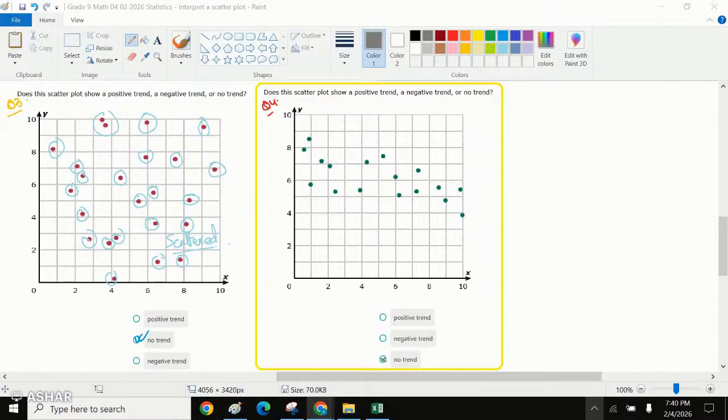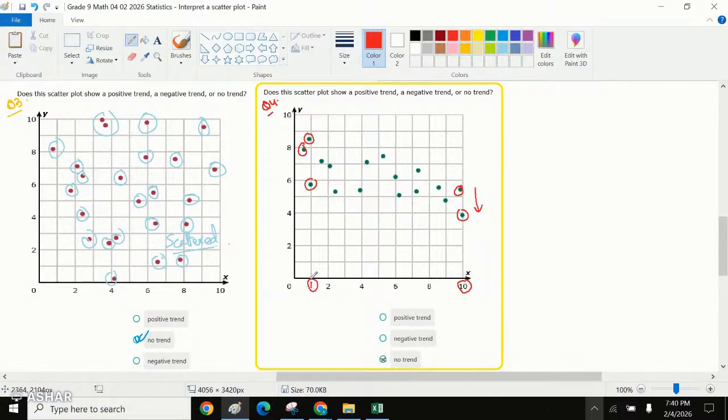Yes, Jennifer. Your answer is correct. What we see is the values of y were very high when x was somewhere over here. What is happening? As x is increasing, the values of y has decreased.